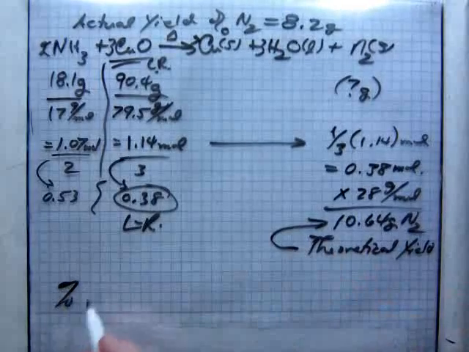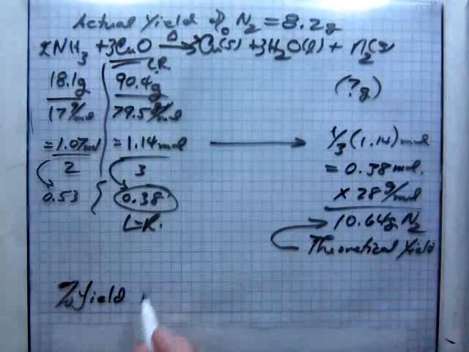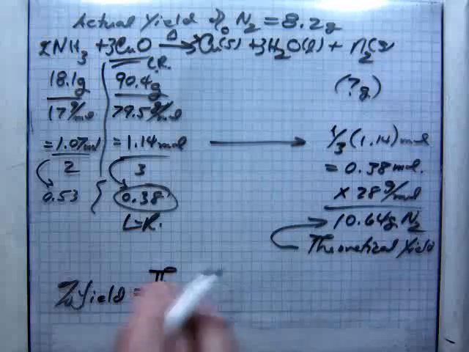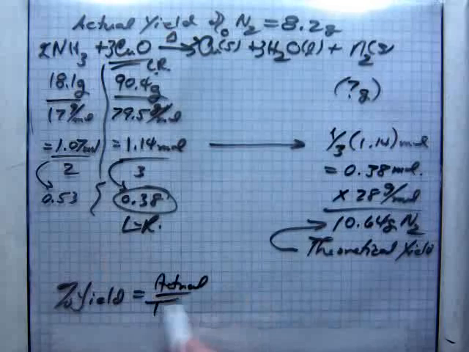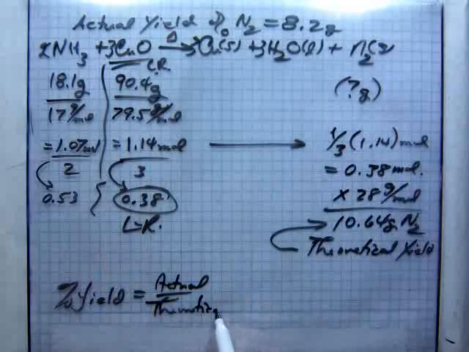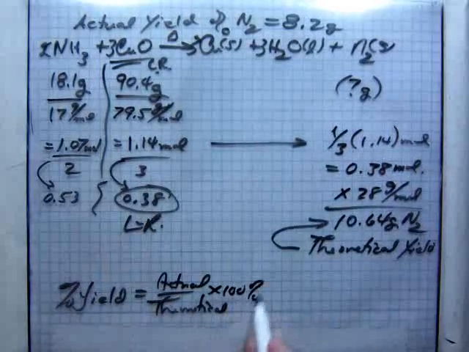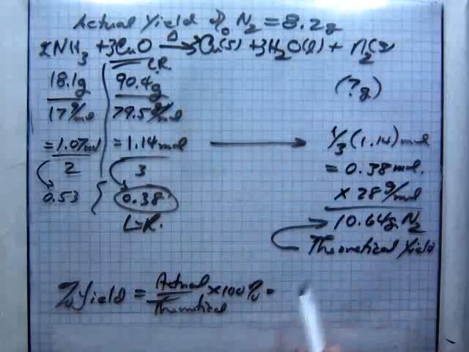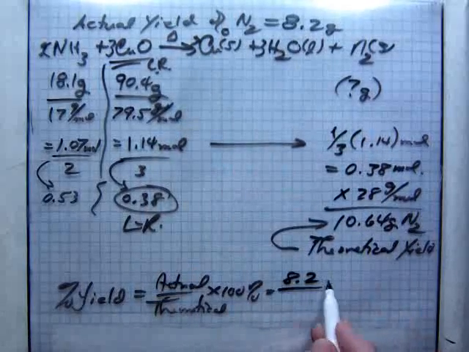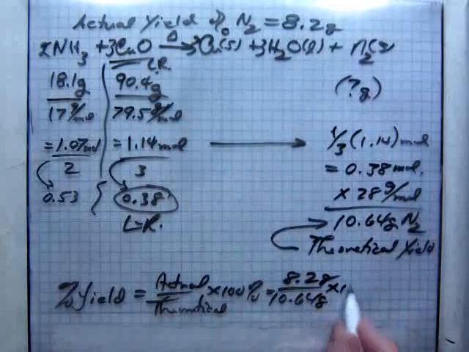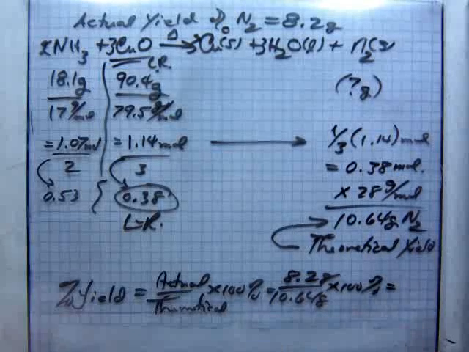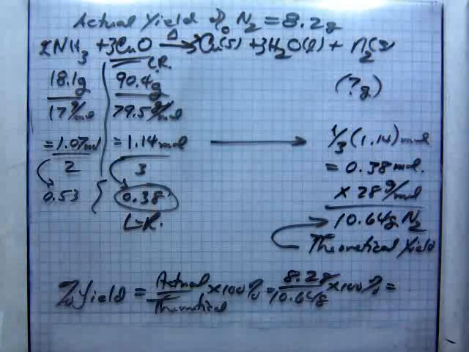So the percent yield is actual over theoretical times 100%. The actual is 8.2, that's given in the problem, over 10.64 times 100%. So we've got a 77% yield.